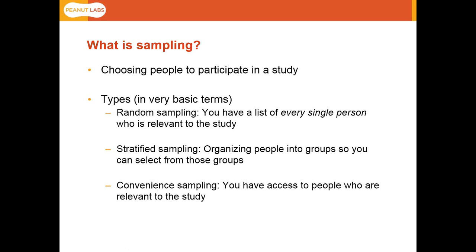So once we have this complete list, we can then simply start picking names out of a hat to determine who will be part of our sample. Now, I'm sure most of us will never be able to create a list like that. It's pretty much impossible to have contact information for everyone, which means a true random sample isn't really possible.